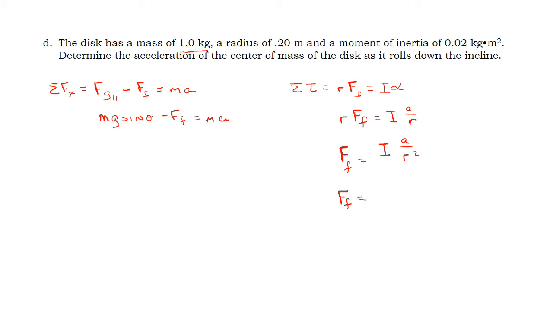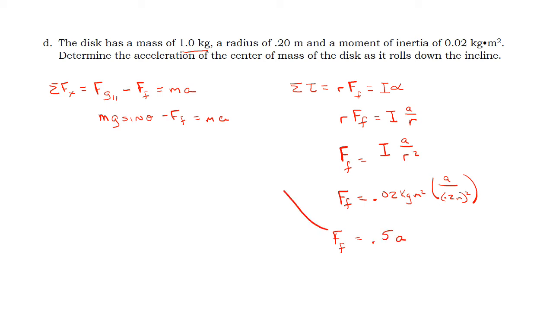I know my moment of inertia is 0.02 kilograms meters squared. And I know my radius is 0.2 meters. And I have to square that. And so the force of friction turns out to be equal to 0.5 times the acceleration.